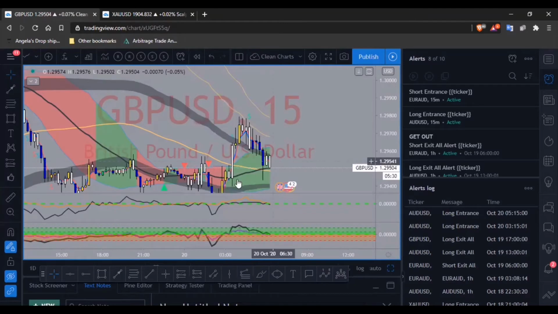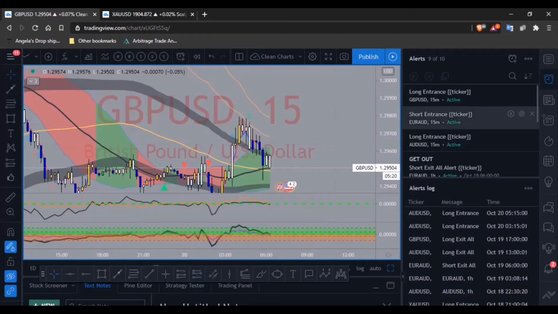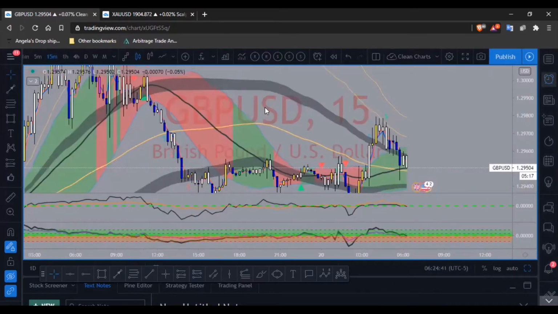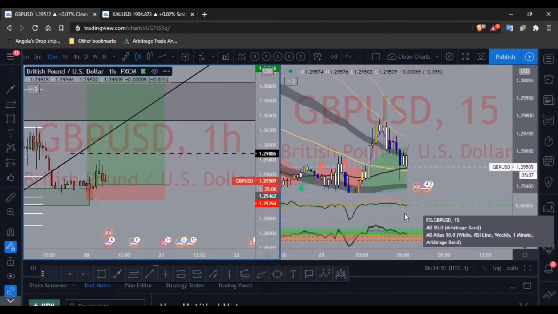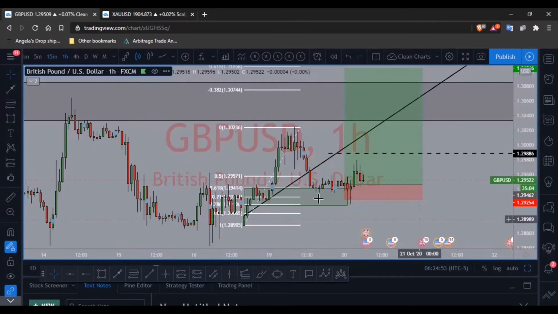So again, buying GU, seeing how it's going to play out. It is dangerous that we do have this 15 minute bearish candle, but this is why I have this indicator. I use it to help me get into entries, and it matches up very nicely with this setup.